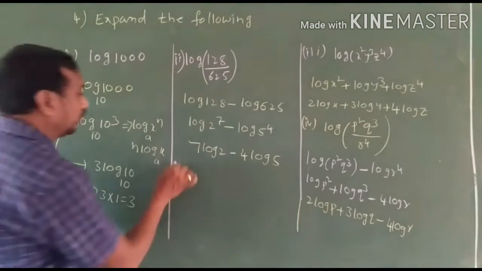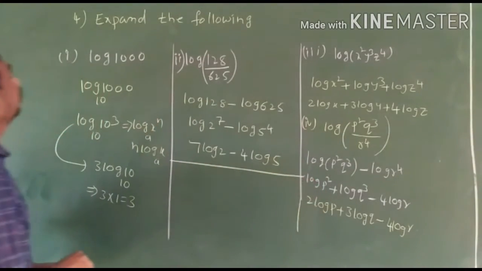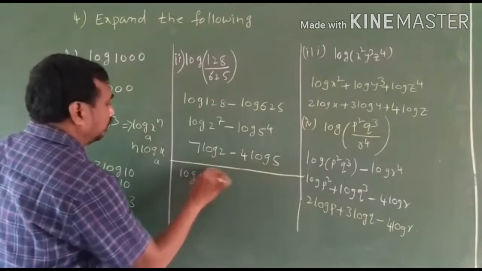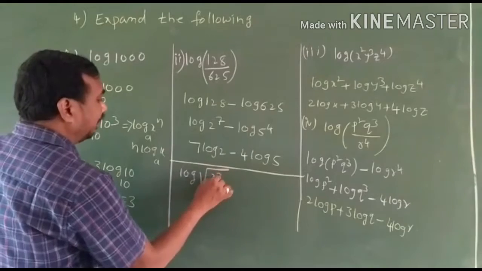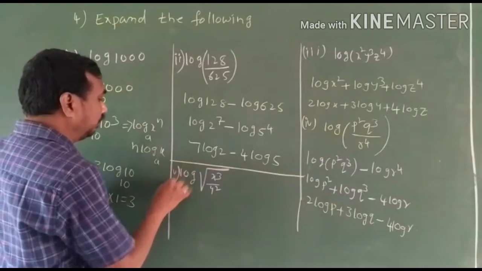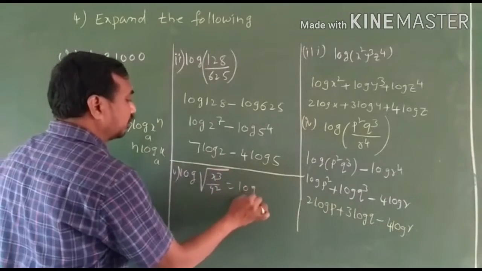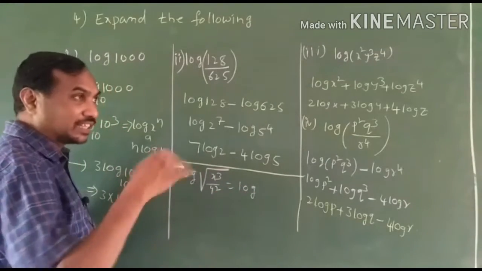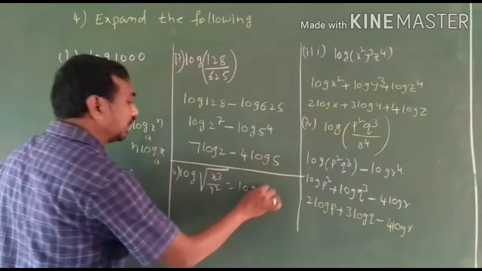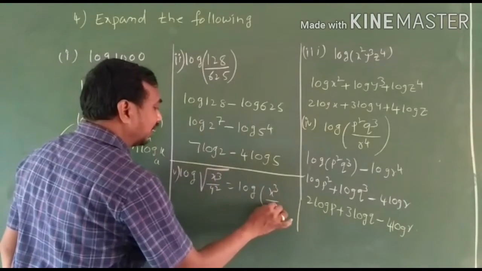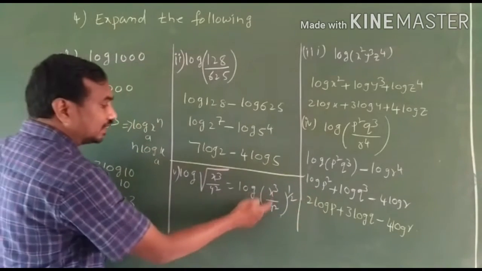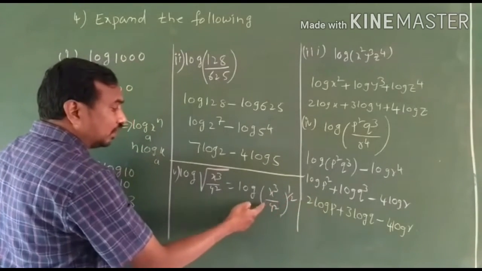Now again we have the fifth problem as log square root of x cube by y square. Square root of x can be written as x to the power of 1 by 2. So that is x cube by y square whole power 1 by 2. Again it is in the form of log x power n.